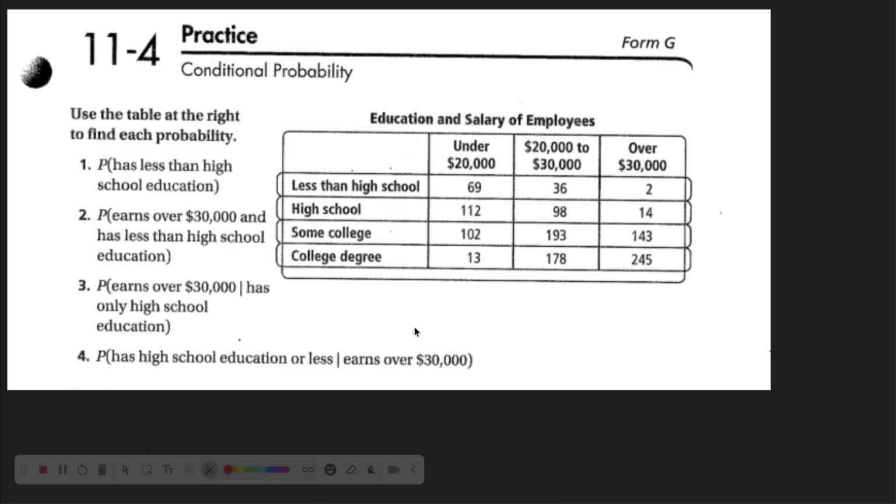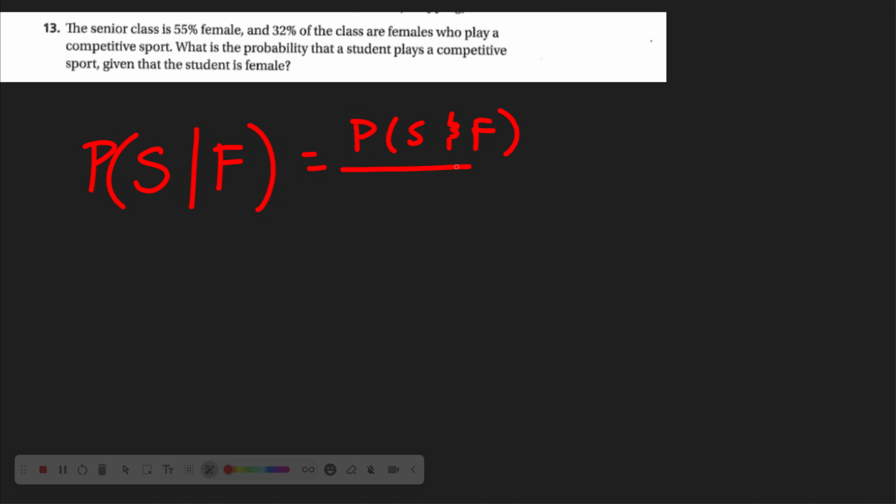All right, here we go. Next. Here's a question without a table where we have to use our formula. What's the probability that a student plays a sport given they are female? Well, that's the probability that they play a sport and are female over the probability that they are female.